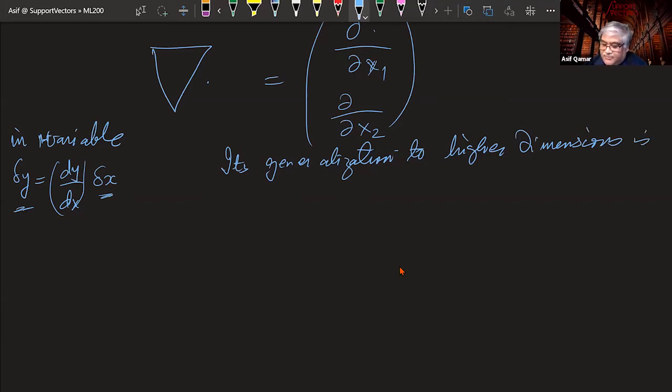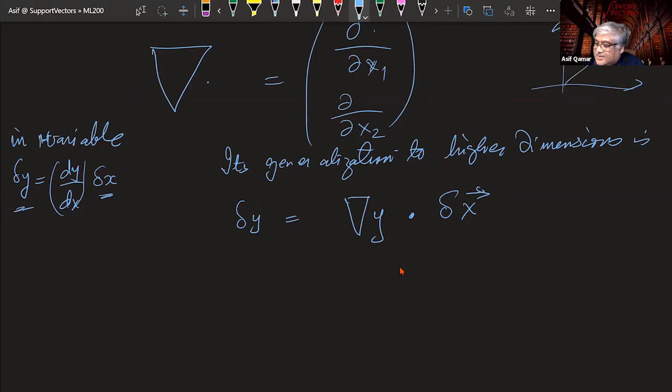The change in y in vector notation, when x is a vector, is the gradient of y dot product with the small change in x, because now the change in x is a vector. You go from this point to this point.